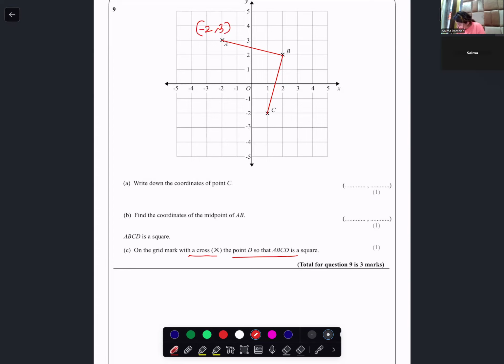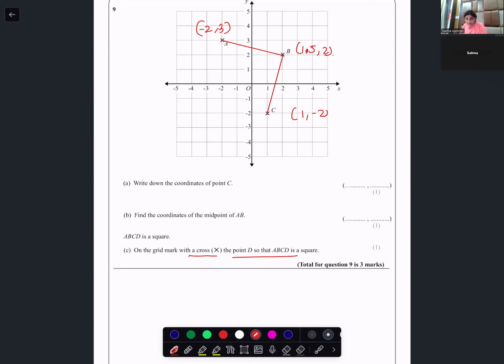Coordinates of point B are 1.5, 2. Coordinates of point C are 1, -2. I want D so that it is a square.